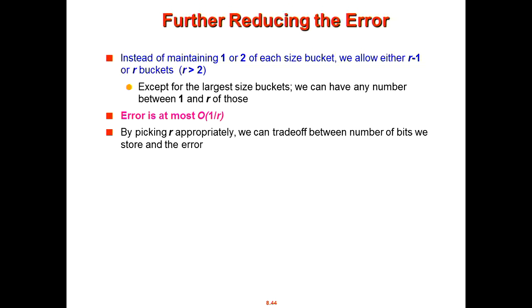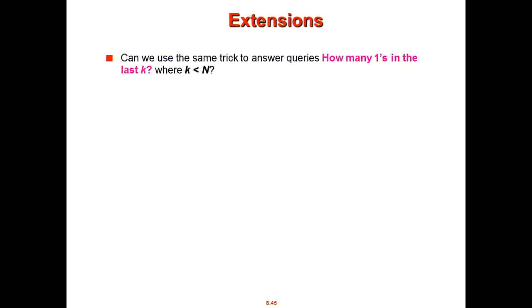If you select r to be a very large value, the error bound is very, very small, so you can achieve the result to any precision. By picking r appropriately, you can trade off between the number of bits you store and the error. It's a trade-off between space and error. If you want small space cost, the error will be large. Currently we have 50% error, but if you increase the space cost, you can have smaller error.